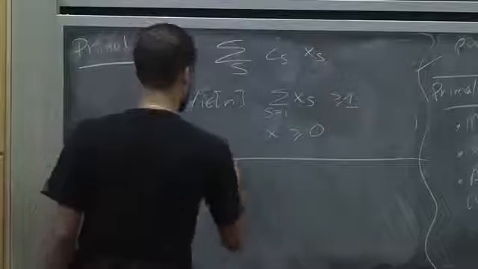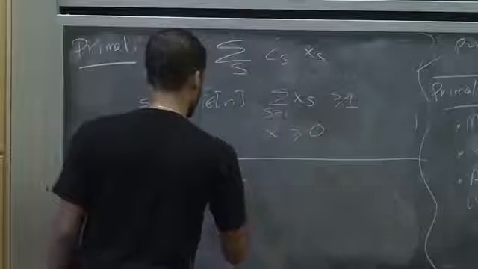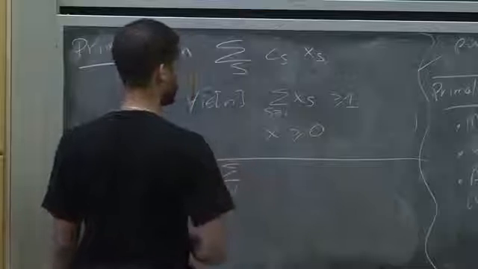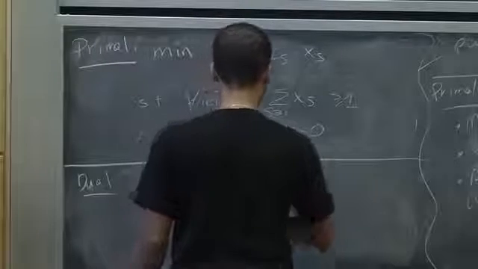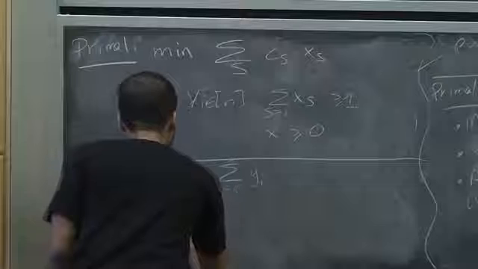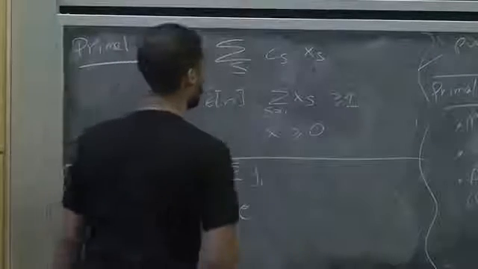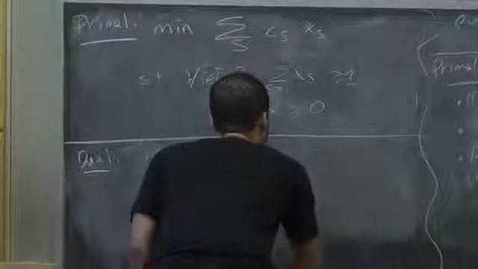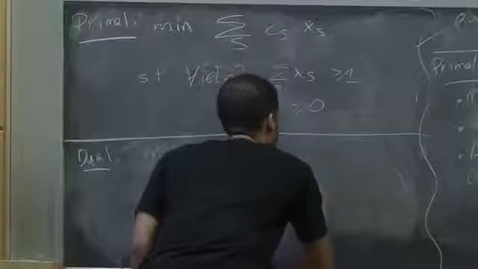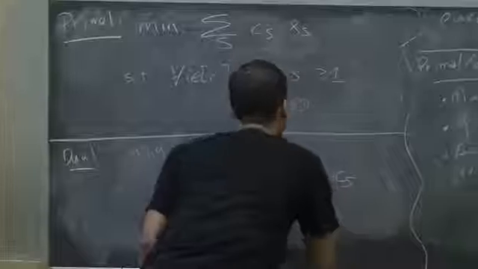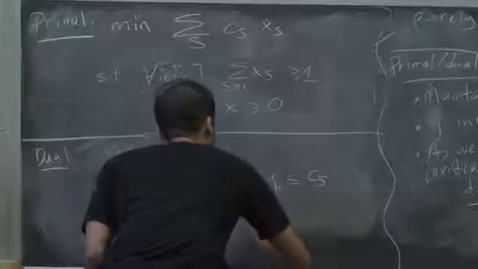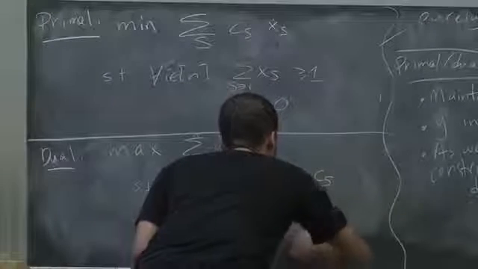So max the sum over i from 1 to n of y sub i, such that for all sets in the collection, the sum of i in that set of y sub i is at most the cost. And also, y is non-negative everywhere.